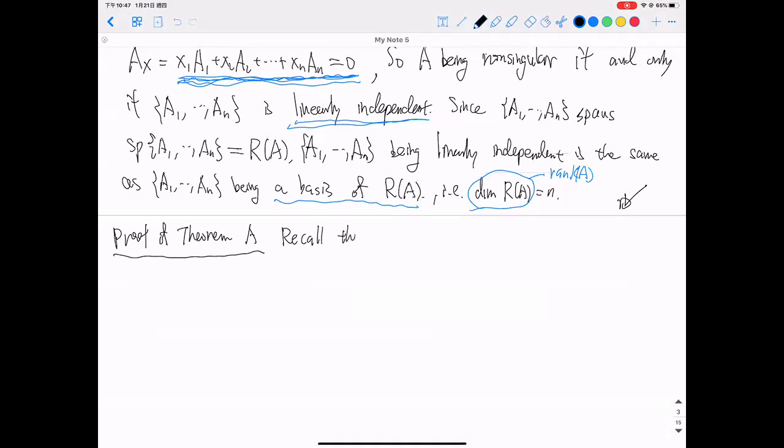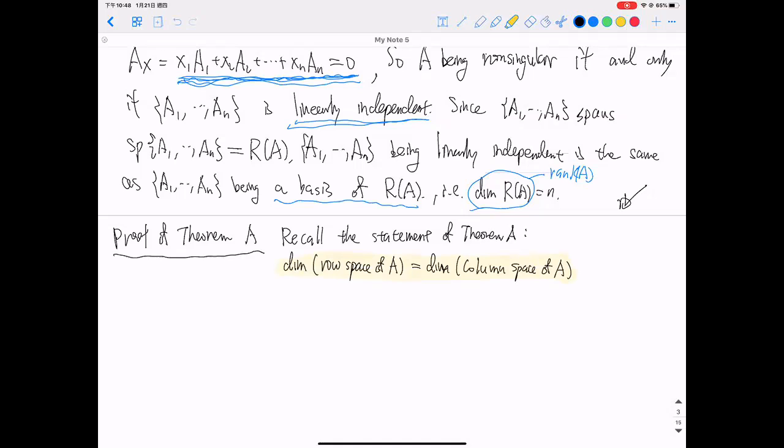Recall the statement of theorem A is simply saying that the dimension of the row space of A is the same as the dimension of the column space of A. Okay, so we will try to therefore compare these two dimensions.